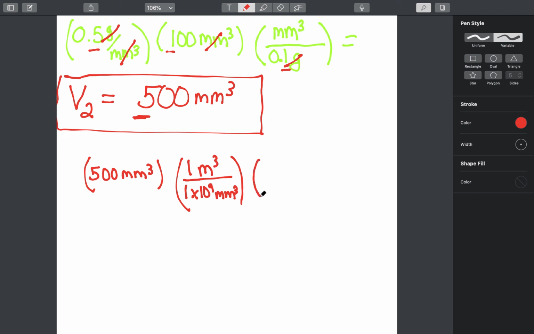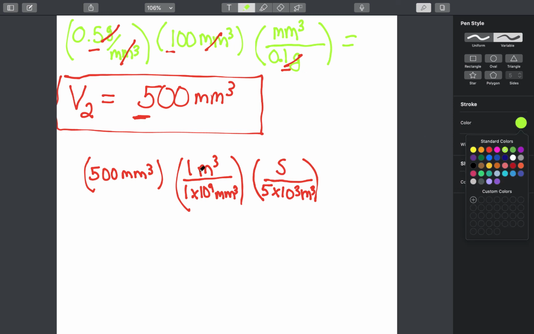And then we can multiply that by the second conversion factor, which is the inverse of the velocity, which we said was 5 times 10 to the 3rd cubic meters per second. So when you go through this and cancel out all the units, so meters cubed cancels out, millimeters cubed cancels out, so does meters cubed, we are left with seconds.